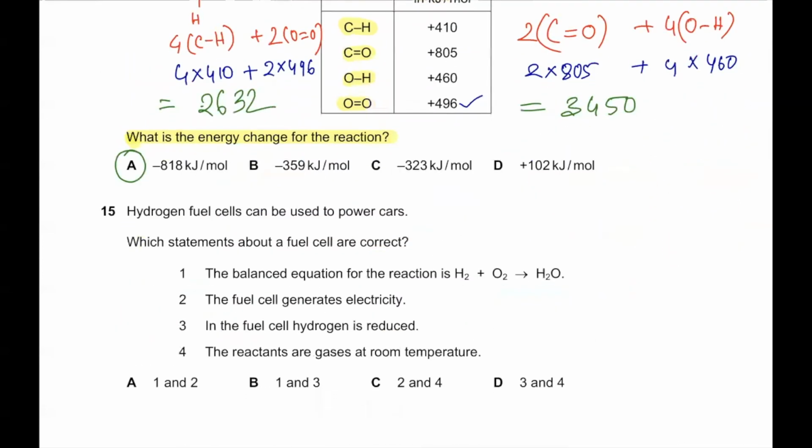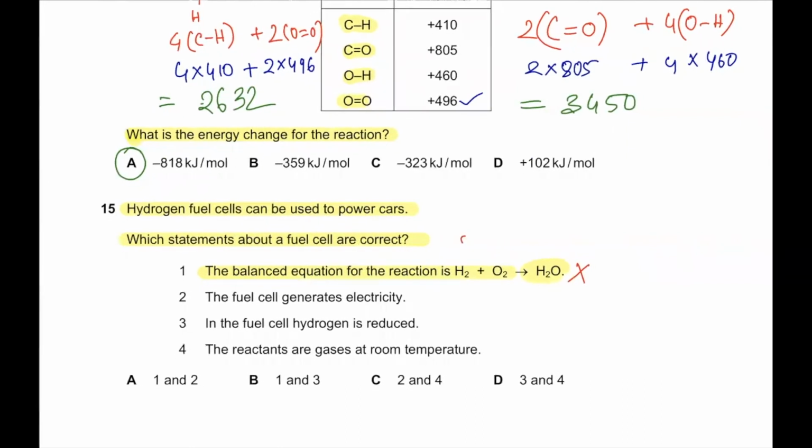Question number 15. The hydrogen fuel cells can be used to power cars. Which statement about the fuel cells are correct? The balance equation for the reaction is H2 + O2 → H2O. Now, guys, that is not a balanced equation. We already know that, because the balance equation for this combustion is 2H2 + O2 producing 2H2O. So number 1 is wrong.